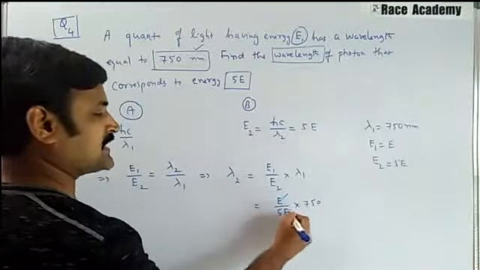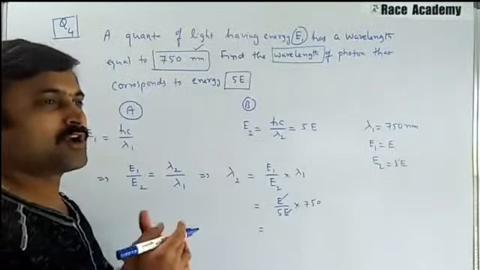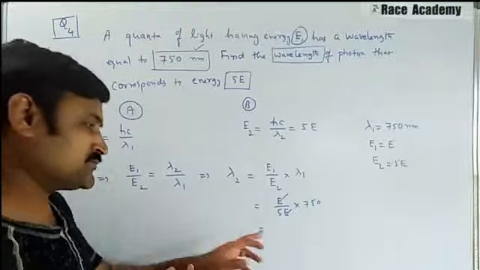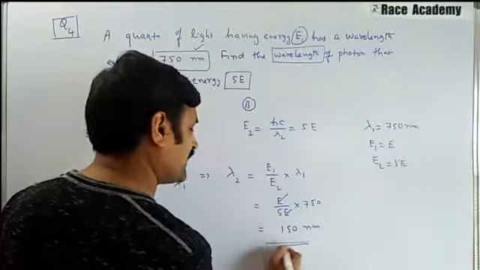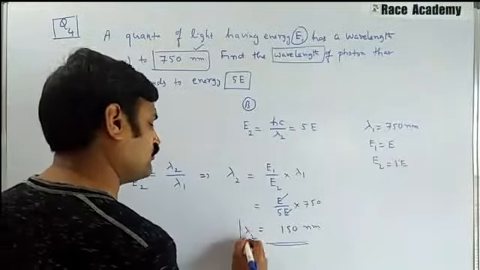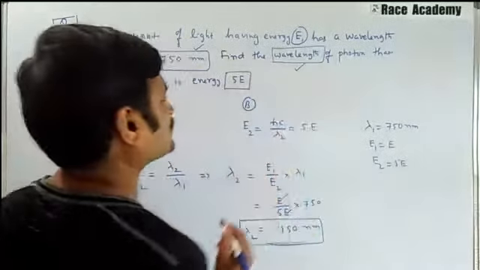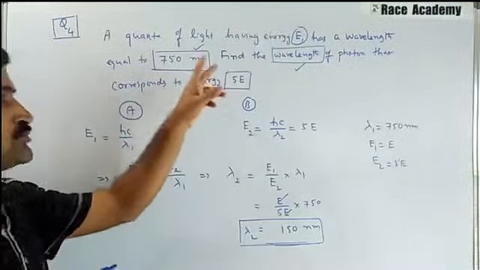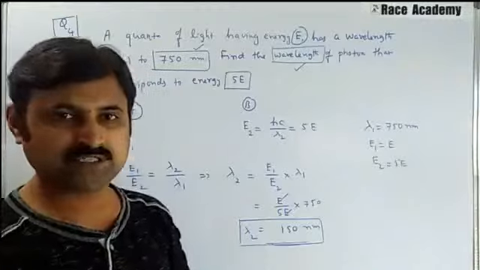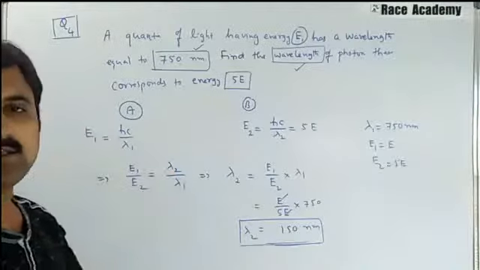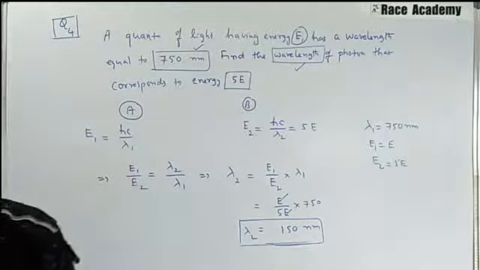So E will get cancelled. 750 by 5 is 150. That is 150 nanometers. So the lambda 2 value is 150 nanometers. That means the wavelength of the photon that corresponds to 5E is 150 nanometers, which is the answer for this question. Hope you understand this question very clearly. We will see the next question.